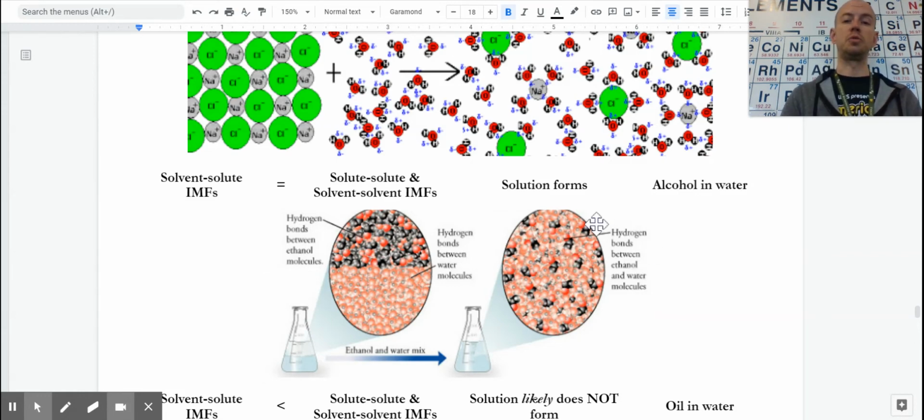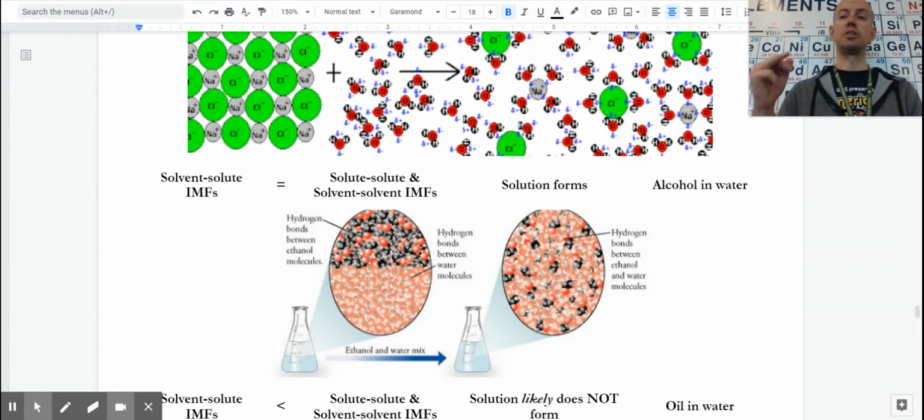The attractions between ethanol and water are dispersion forces, dipole-dipole attractions, and hydrogen bonding. The attractions that we're breaking between ethanol and ethanol are those exact same 3. The attractions that I'm breaking between water and water are those exact same 3. So here I'm breaking dispersion, dipole, and hydrogen.